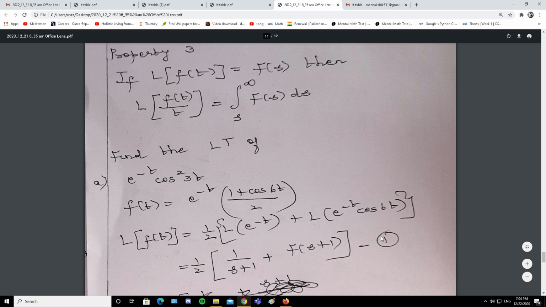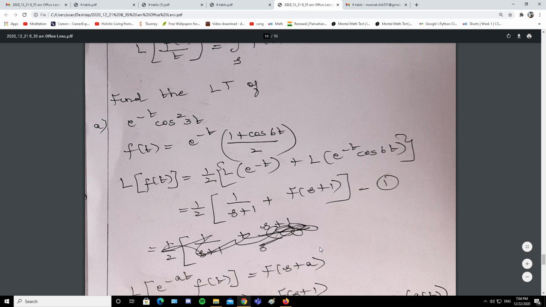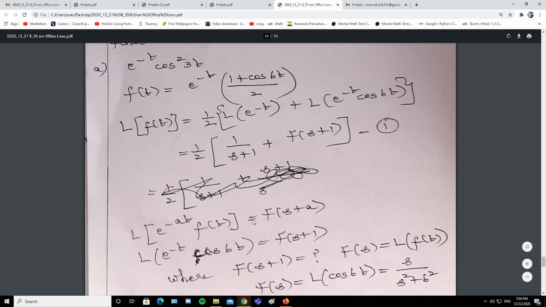So Laplace of e power minus t cos 6t is f of s plus 1. We have to find f of s plus 1 through f of s.